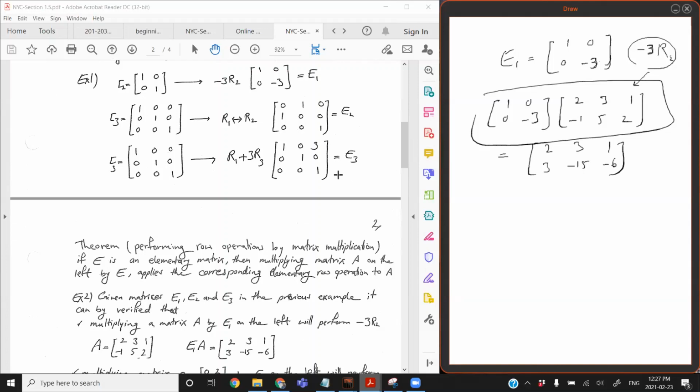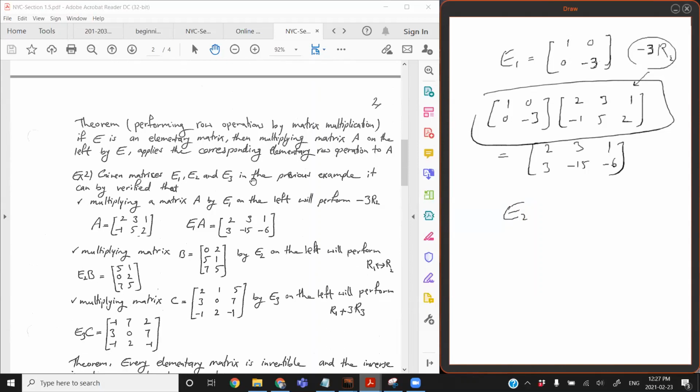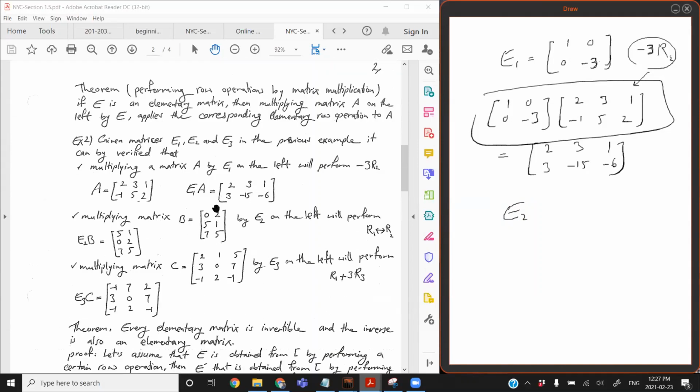Let's do another one. E2 is obtained from the identity matrix by swapping the first two rows. So if I multiply a matrix by E2 on the left, this matrix multiplication will have the same effect as this row operation. Here we have an example, matrix B, which is 3 by 2.